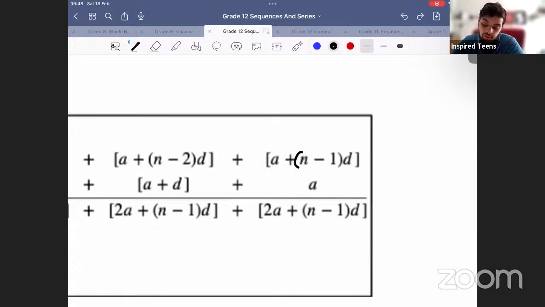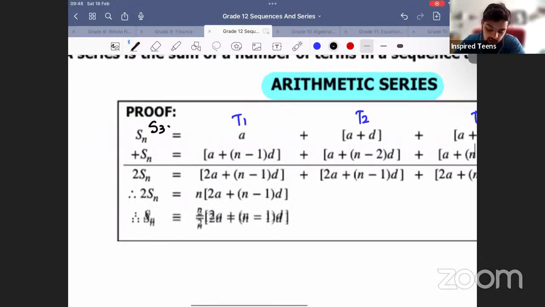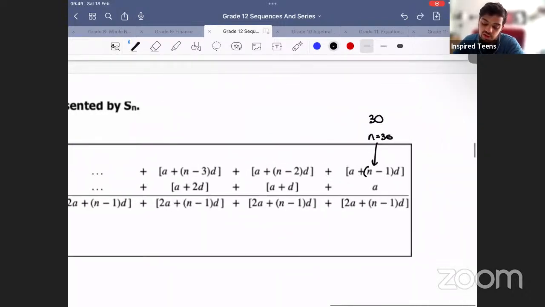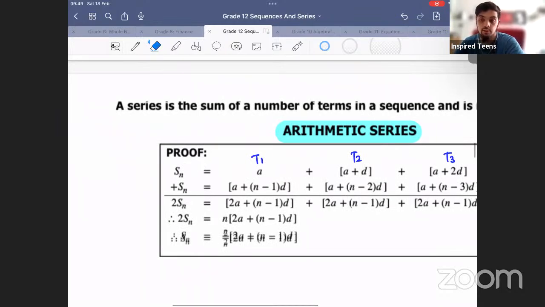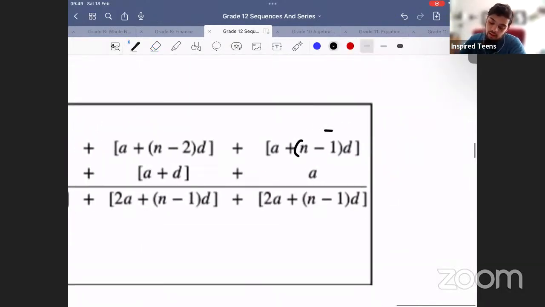If there were 30 terms in this pattern, then n would be 30, and it would be S30. We are summing up the first 30 terms. That's why this n would be 30. But we just write it as n because it could be 30, it could be 40. We don't actually know how many terms we are substituting here. So that's why we are writing, for the last term, the actual arithmetic formula.